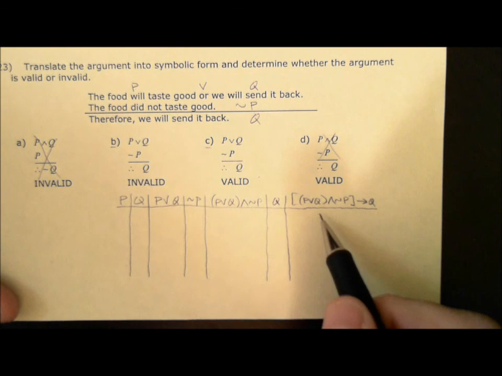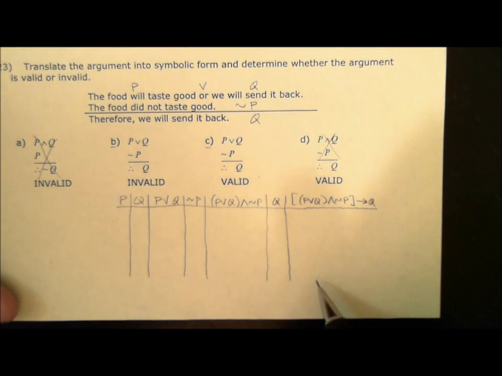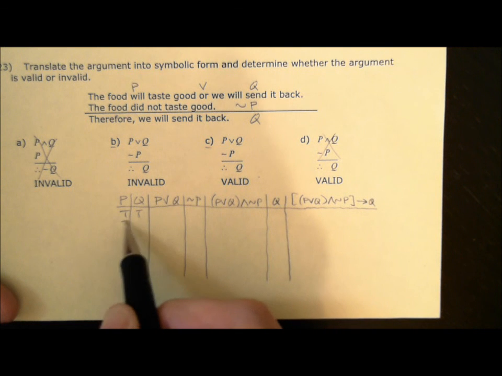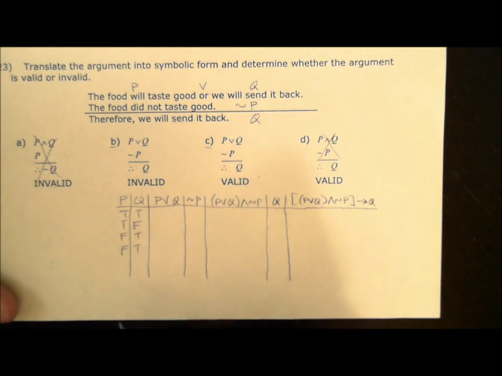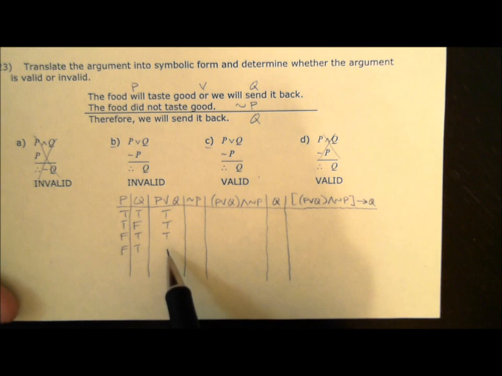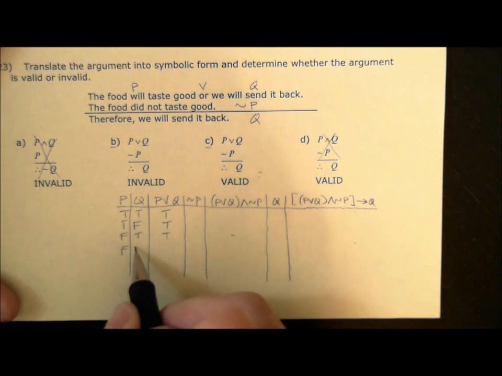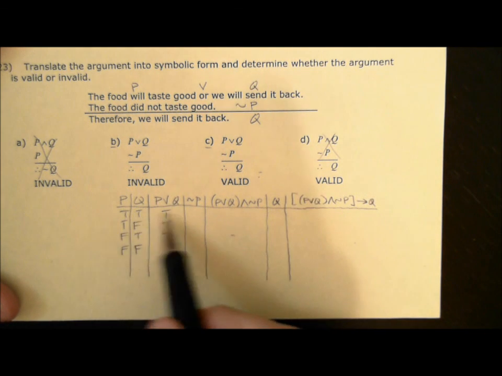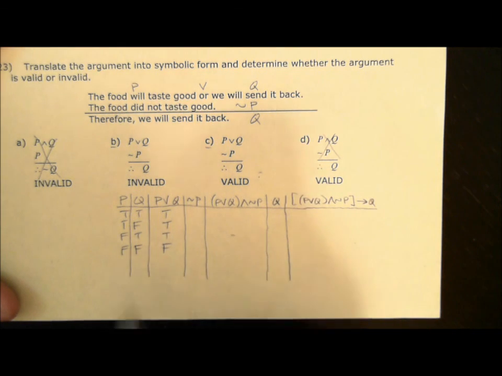And if that last column is all trues, it's a valid argument. If there's a single false, it's an invalid argument. So let's check true, true, true, false, false, true, false, false. P or Q, true, true, true. Oh, it always helps if you have different ones here. True, true, true, and false.